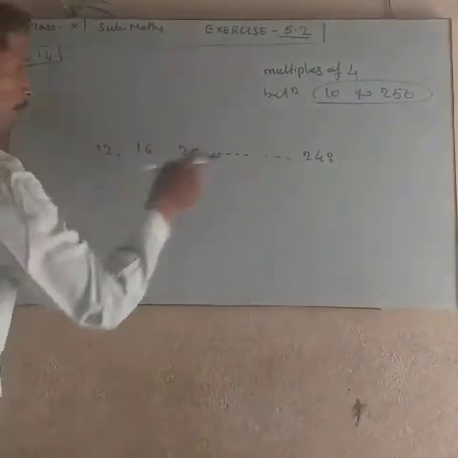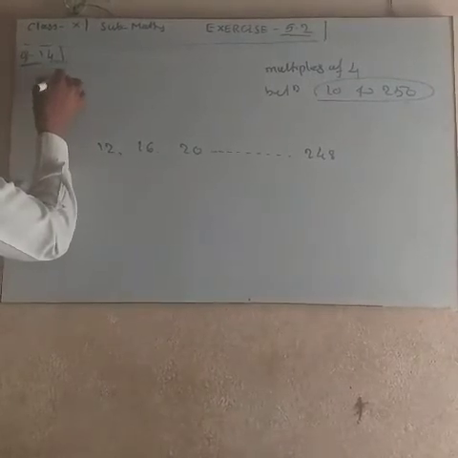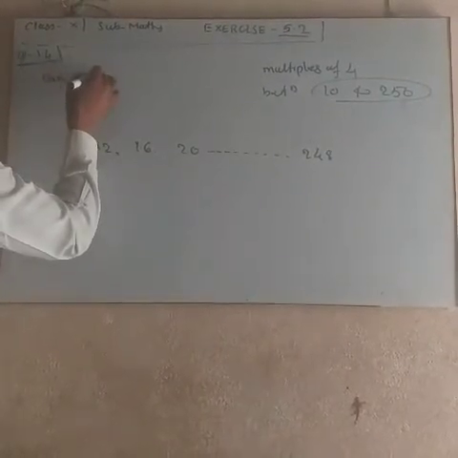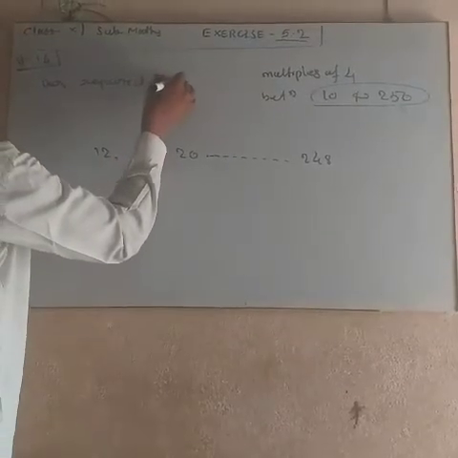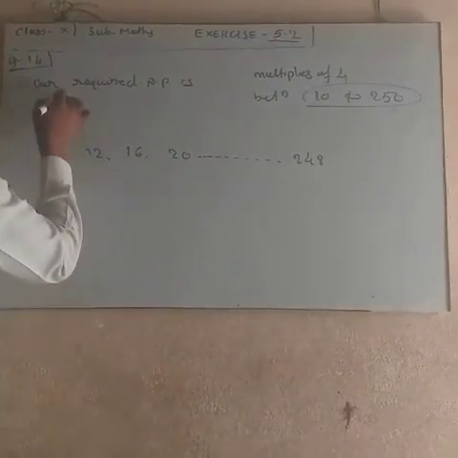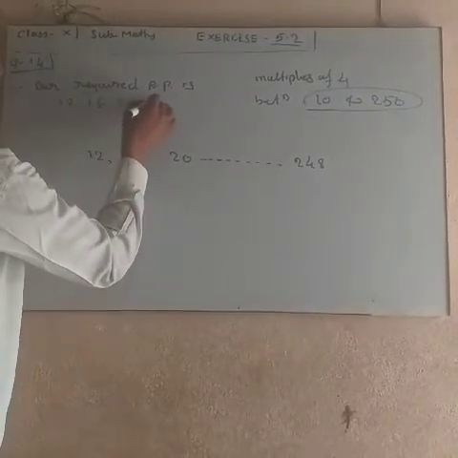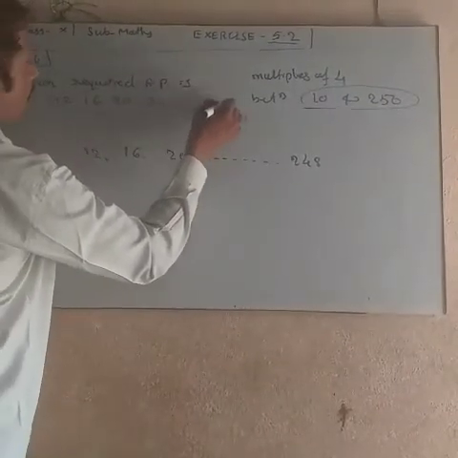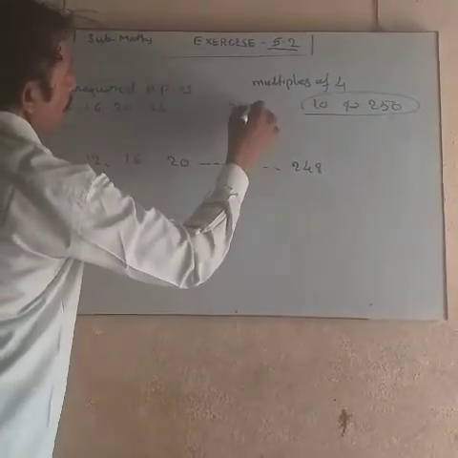Therefore our required arithmetic progression is 12, 16, 20, 24, like this, last number is 248.